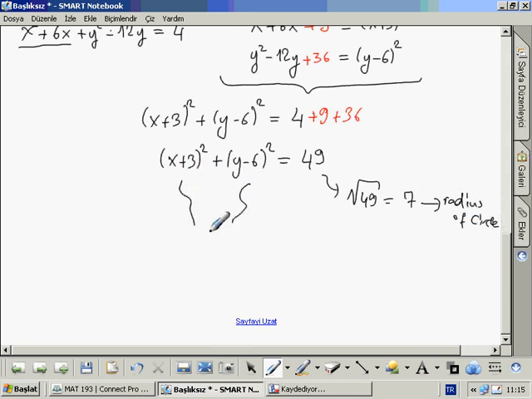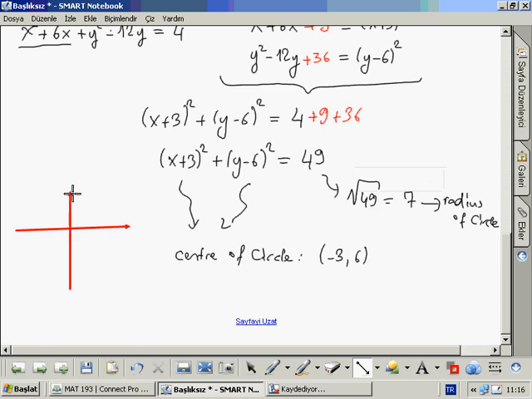And from here we can say the center of the circle is (-3, 6), and let me sketch it on the coordinate system. Minus 3, then 1, 2, 3, 4, 5, 6, and this point is (-3, 6), and the radius will be 7.